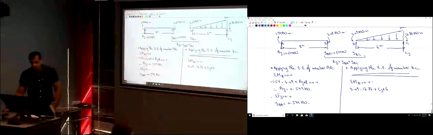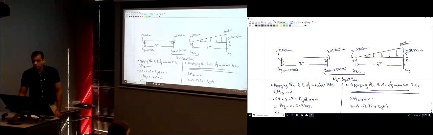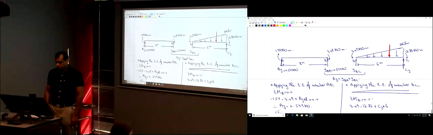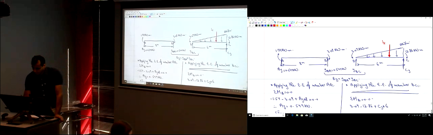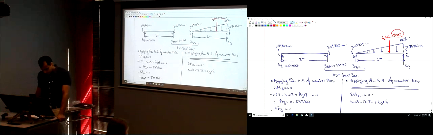Anything left here? The triangular load. So I need to find the effect of the triangular load. How much is the equivalent force here to this triangular load? 1/2 P, so this is 18 kilonewtons.